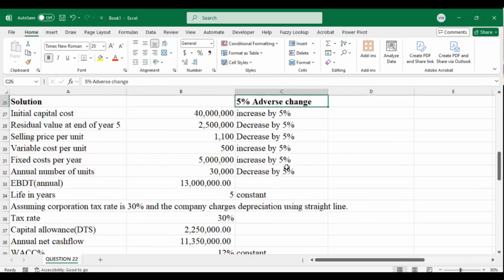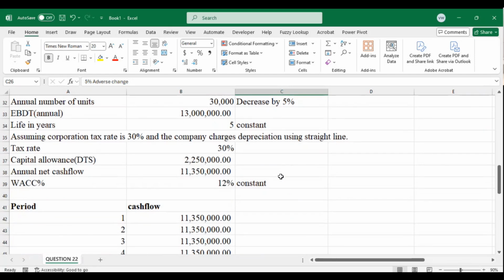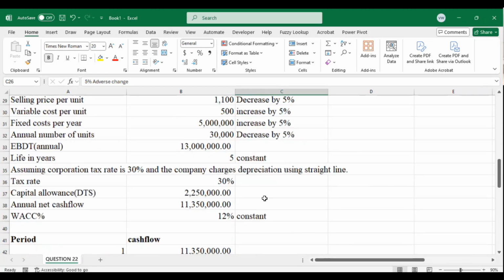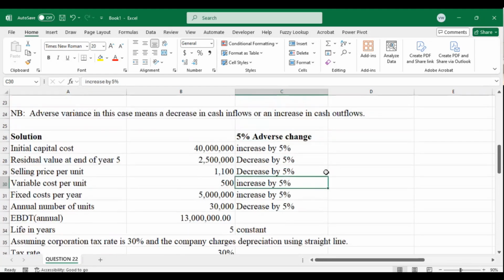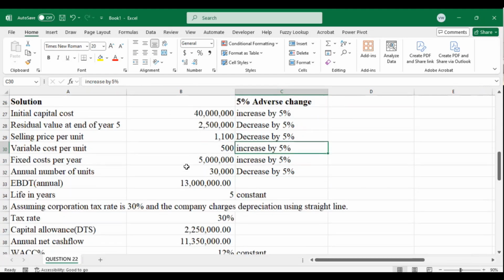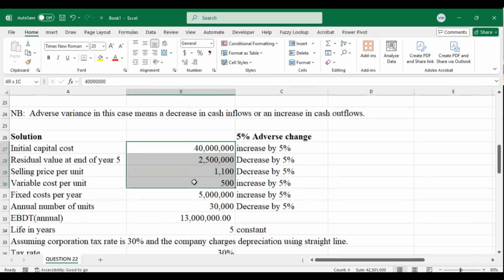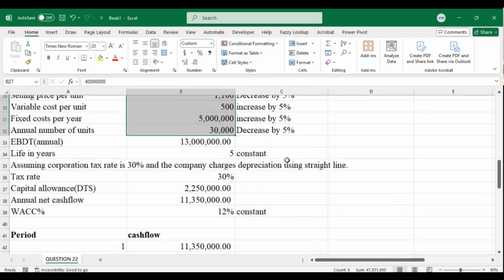You can see that we've shown how all these inputs will change adversely. So for me to do this, because I've already referenced my cells correctly, I'll have to use the scenario manager. But before I use the scenario manager, let me first select the cells that have the variables that I want to change, and there's no other variable.